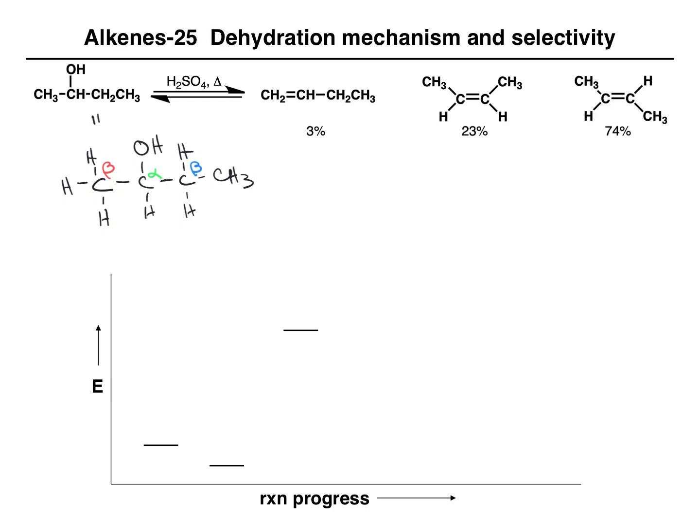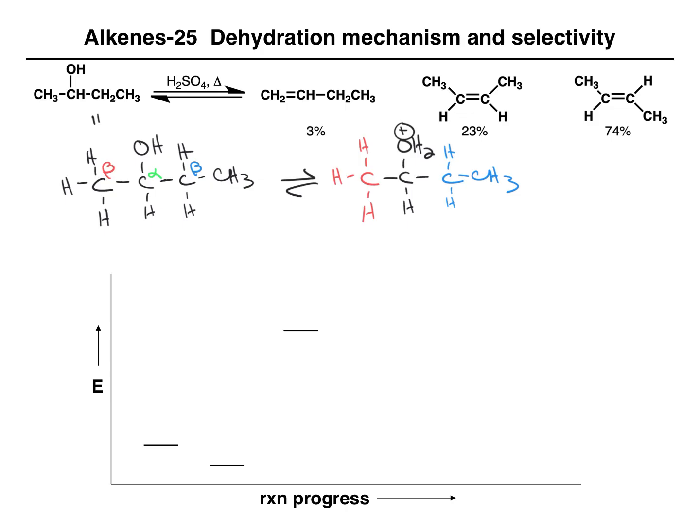And those beta positions are not equivalent to each other. In the first step of the reaction, the alcohol will grab a proton, and now I'm going to switch colors. So we have our protonated alcohol.